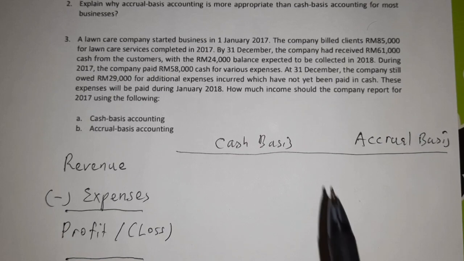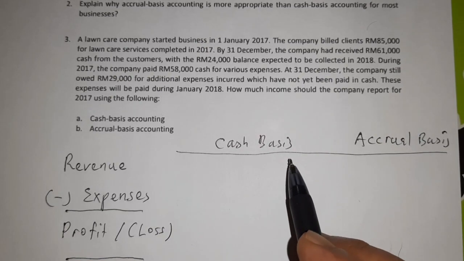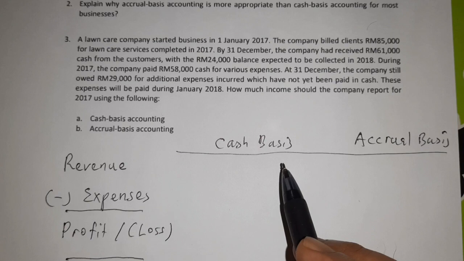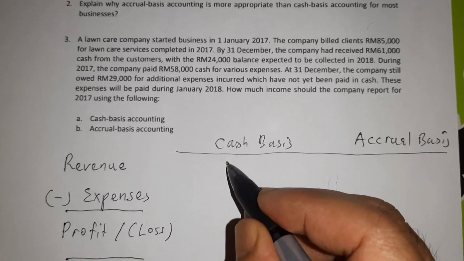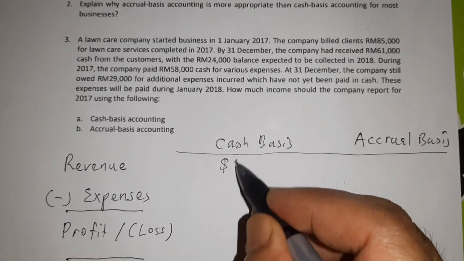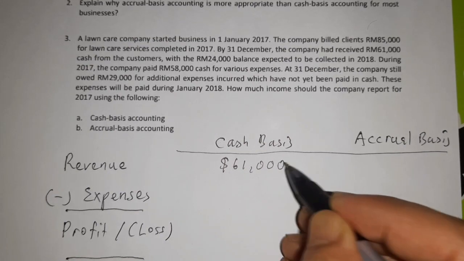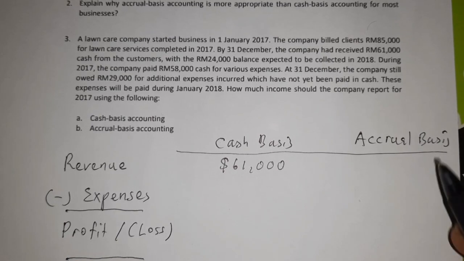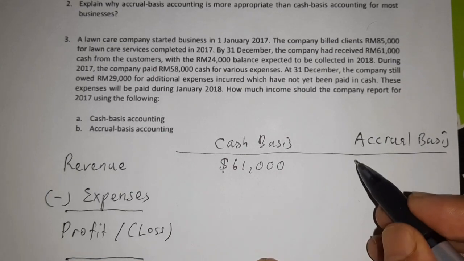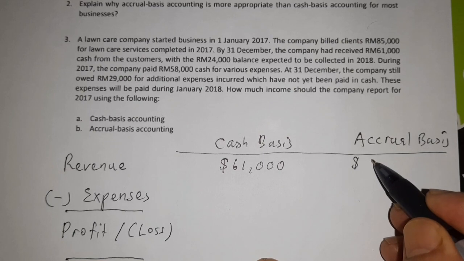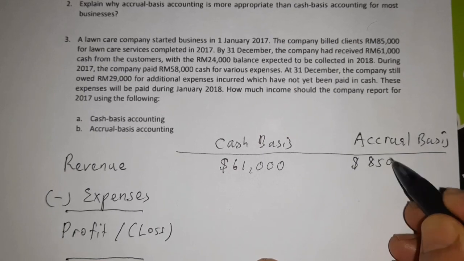So under cash basis accounting, the revenue for this business is received cash 61,000. But under accrual basis accounting, revenue is the thing that happened during the year. During the year, the business has provided services of $85,000. So under accrual basis accounting, the revenue is $85,000.